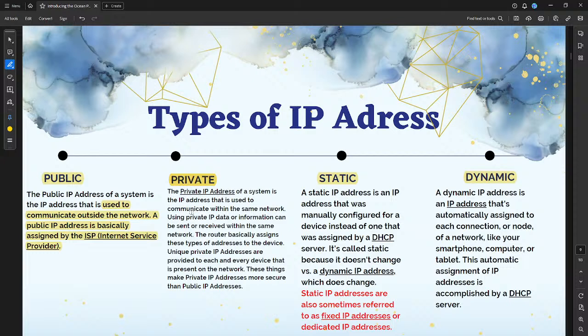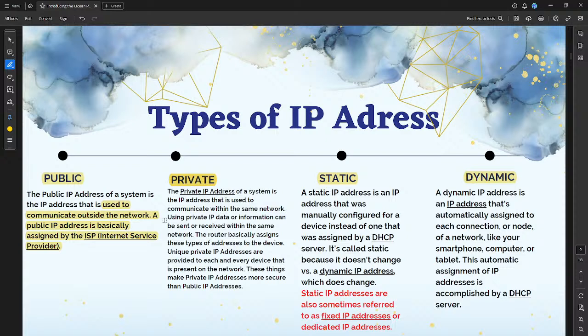Because you are not taking data outside of the LAN to the internet, communication within that network uses a private IP address.